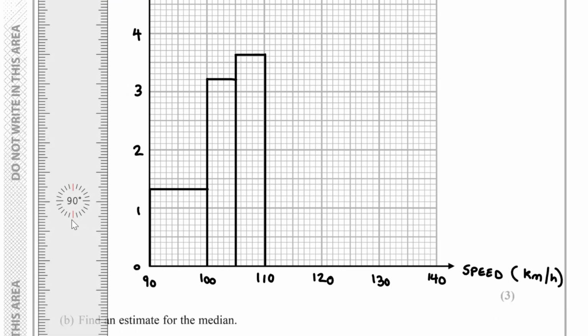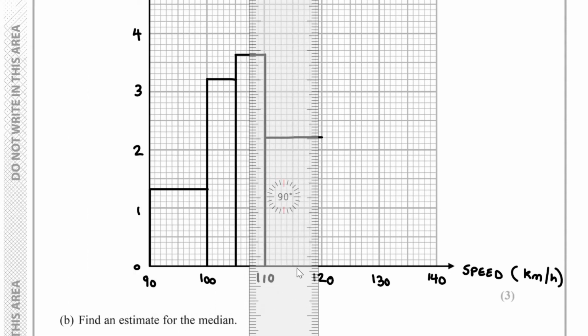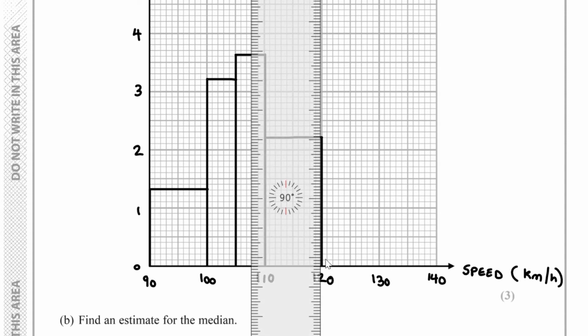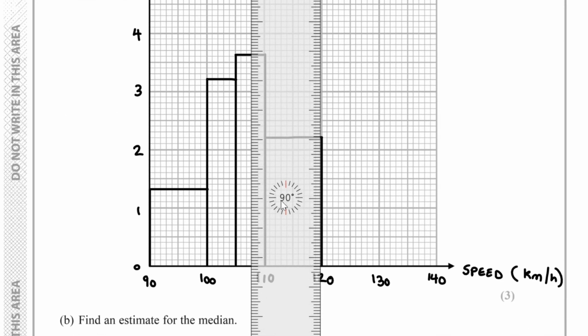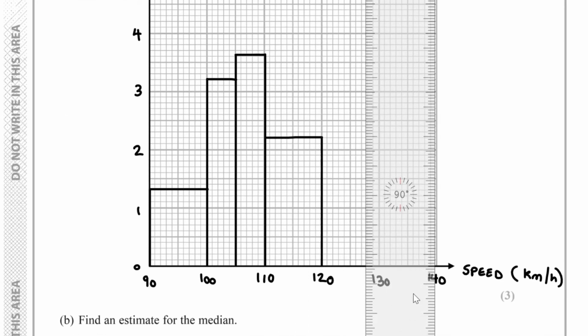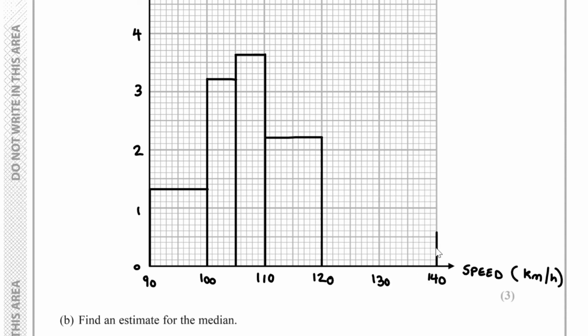So between 110 and 120, we've got 2.2, which is over here. So let's just roll down here. And next, between 120 and 140, we've got 0.6. So 0.6 is over here. So let's just rule across like so. And therefore, this is our completed histogram.